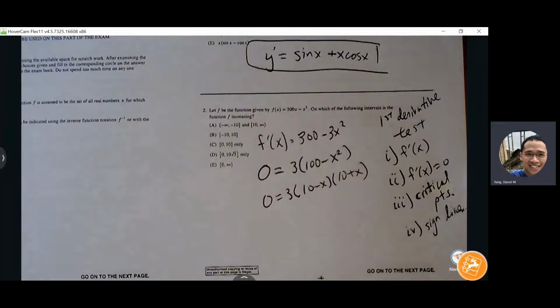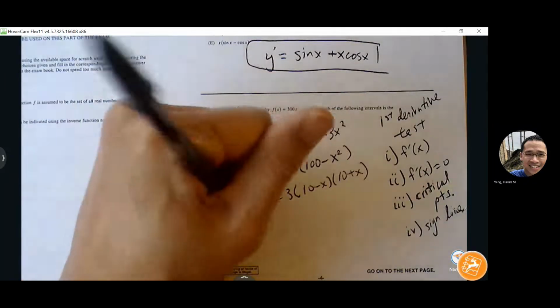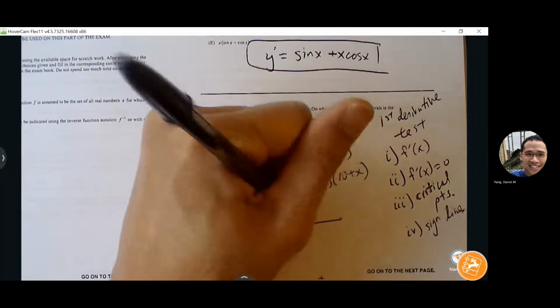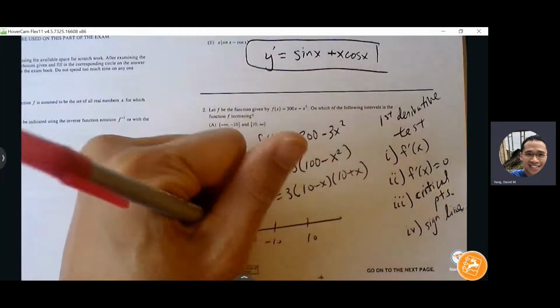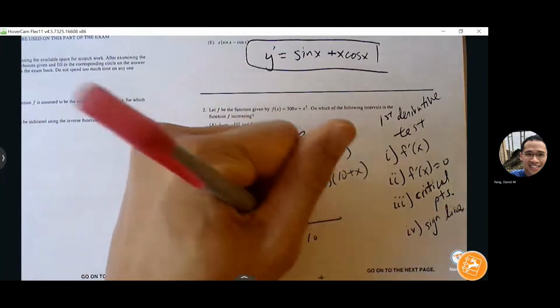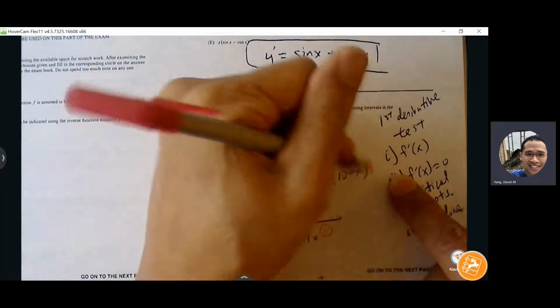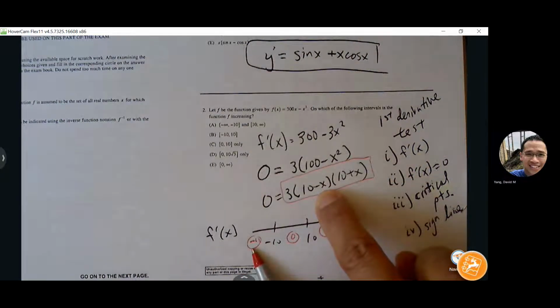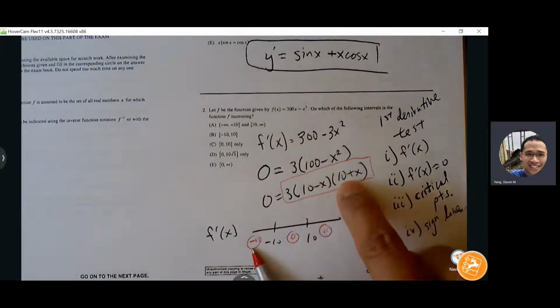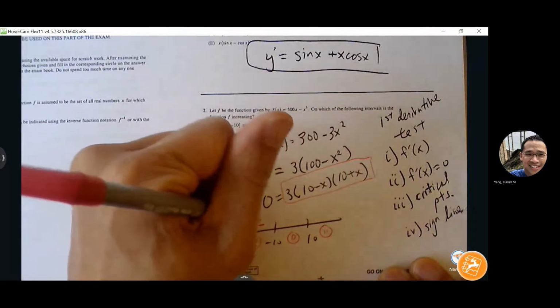Okay, so my critical points are 10 and negative 10. Pick test values in each region and plug into the factored form of my f prime. 10 minus negative 11 is positive, 10 plus negative 11 is negative, positive times negative is negative.